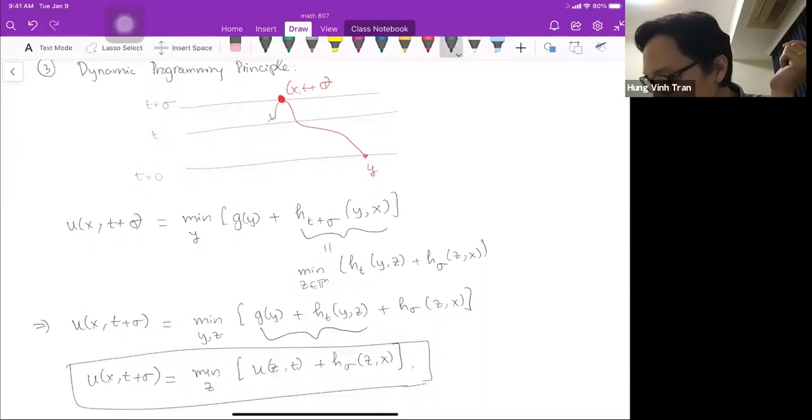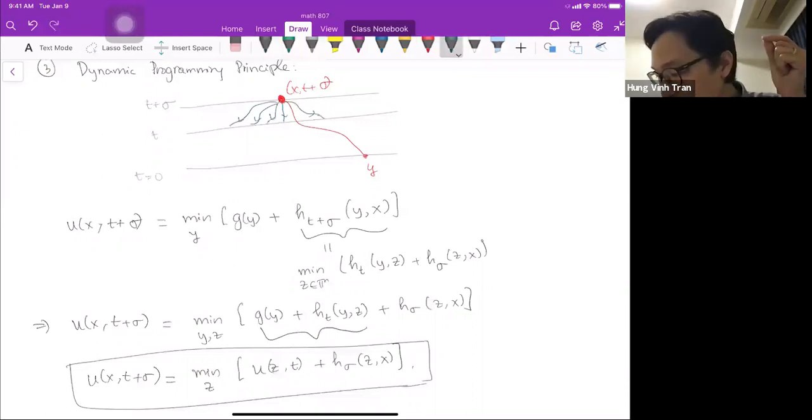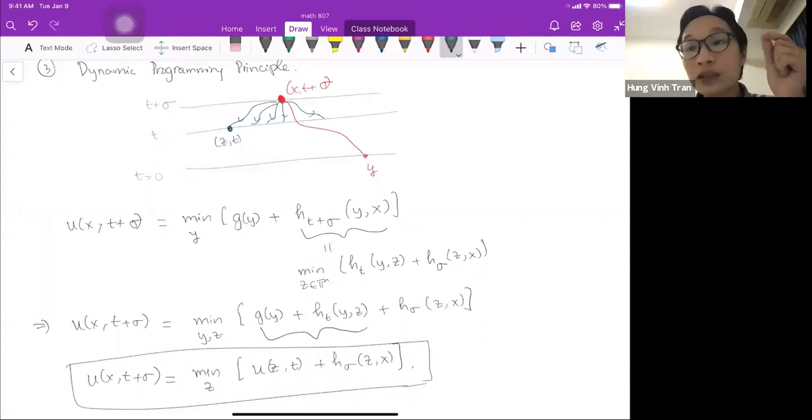The dynamic programming principle says that you don't need to go backward in time for all time, but you just go back for an amount of time sigma, and then you reach the point here, probably z, t. And to go back to the point z, t, it has to also be optimal. So you have exactly the same formula as the formula for u, but you just go back from time t plus sigma to t, and that formula is preserved fully.